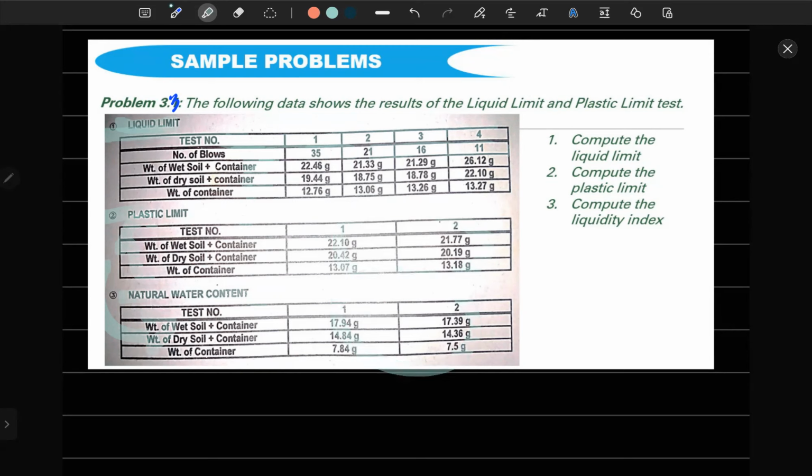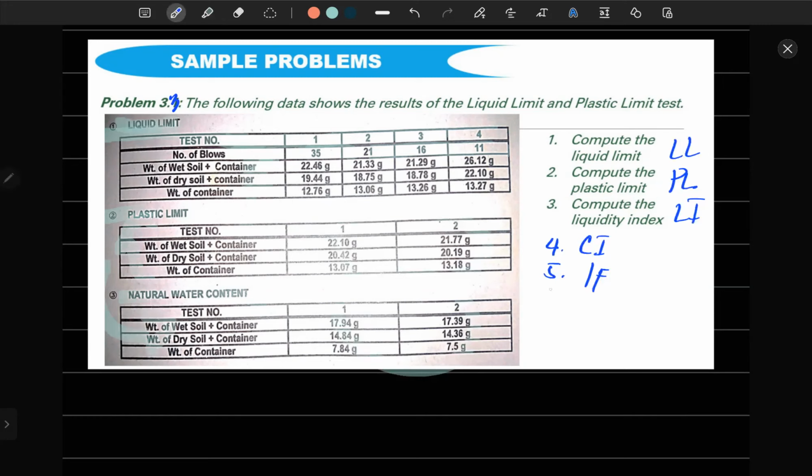So we're going to solve here. Number one, compute the liquid limit. Number two, the plastic limit. Number three is the PI, the plasticity index. Number four, the CI or the consistency index. Number five, the flow index.